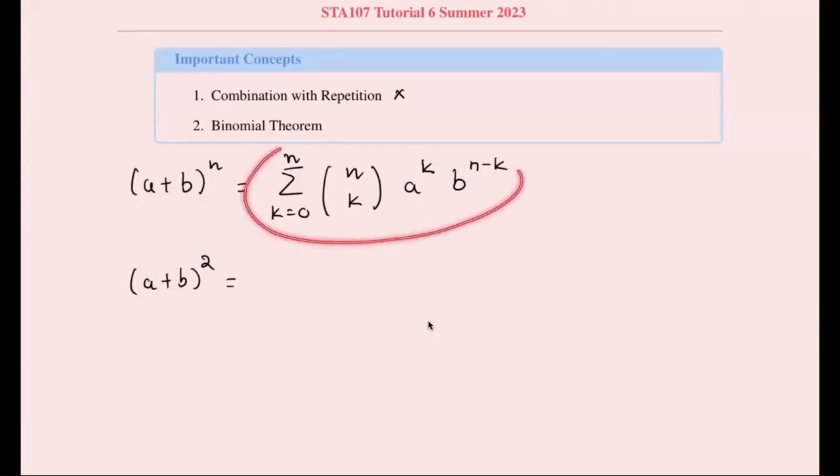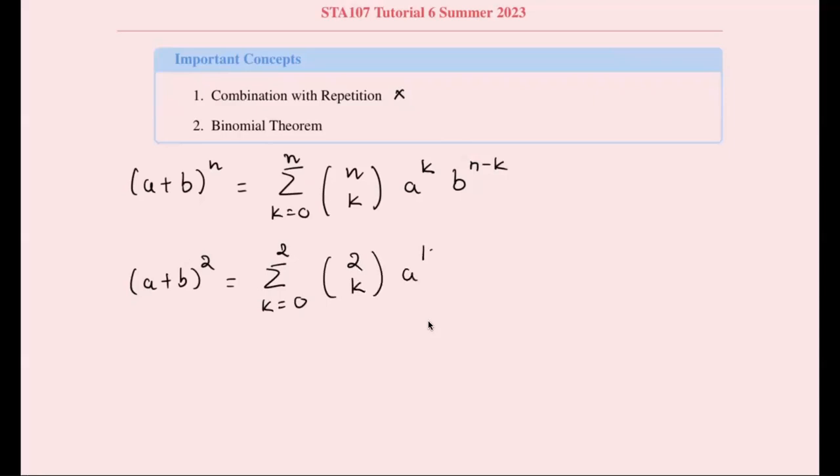For example, if I apply it to this one here, my n is 2, so my k will range from 0 up to 2. And I have 2 choose k, a to the power of k, and my a here I just keep as a, and then b to the power of n minus k.